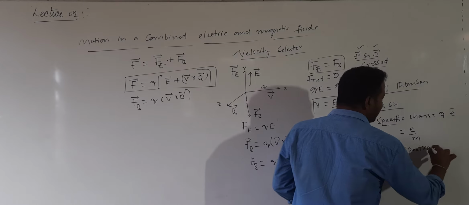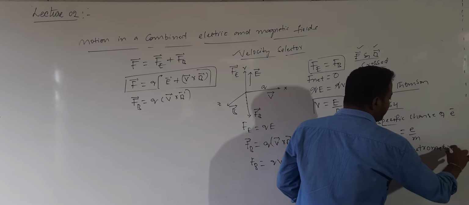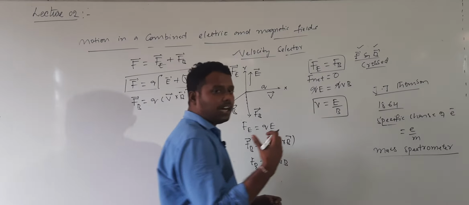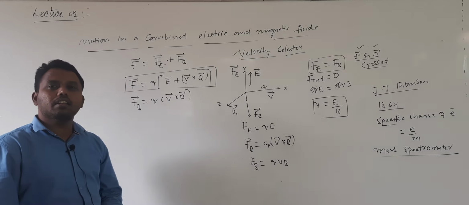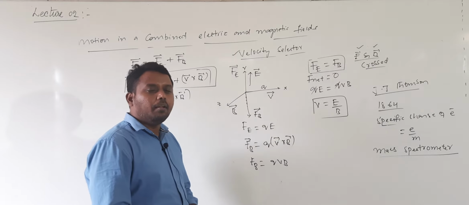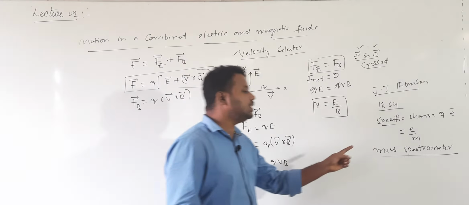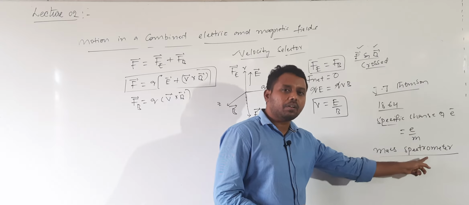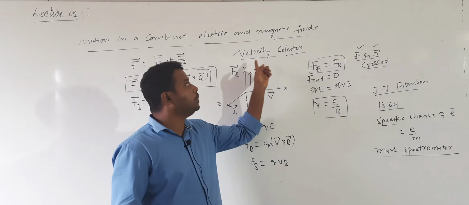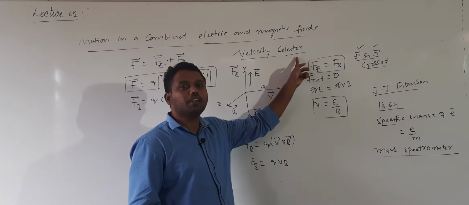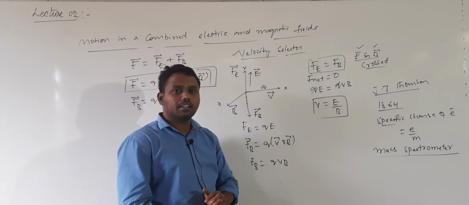A mass spectrometer is a device which is used to separate ions based on their specific charge. The mass spectrometer is also based on the phenomenon of the velocity selector.